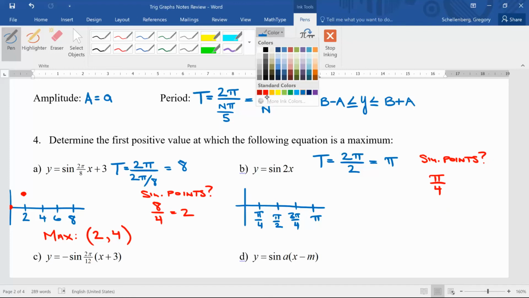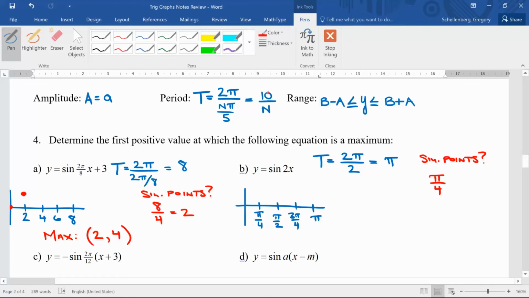It's a sine function. There's no phase shift, so therefore it starts at 0 and increases to begin. There's our first max point. So we can say that the max has coordinates pi over 4 as our x coordinate, and our y coordinate is just going to be 1.